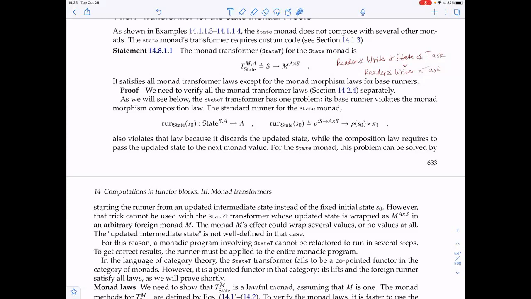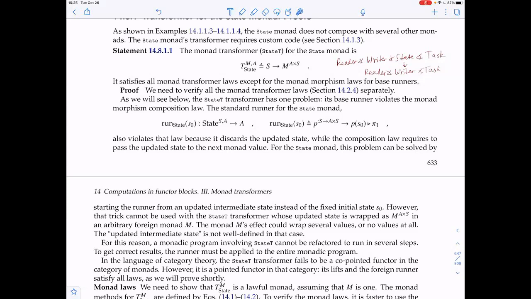Now, this seems to be a fine point. Why would I want to do this? But sometimes you want to do this. You want to run parts of your program partially and then combine the results of those runs. So you can only do this correctly if the runners satisfy the composition law, that is the monad morphism composition law.